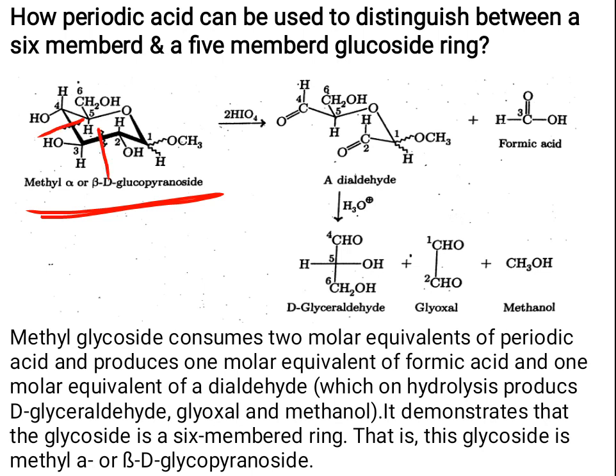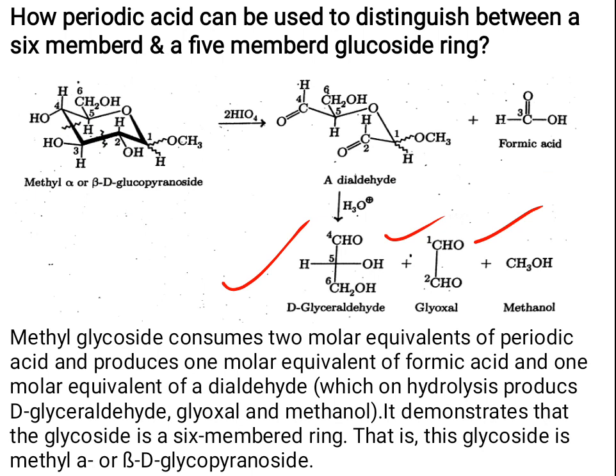These two bonds are being broken, and then you are getting a dialdehyde and formic acid. This middle carbon will form the formic acid. And if you acidify this dialdehyde, you will get glyceraldehyde, glyoxal and methanol.